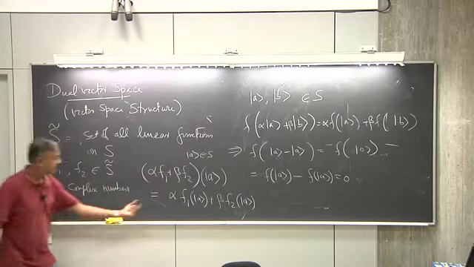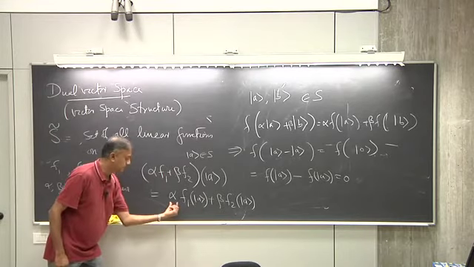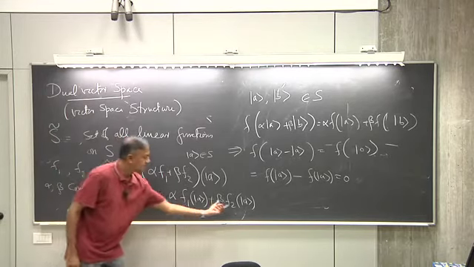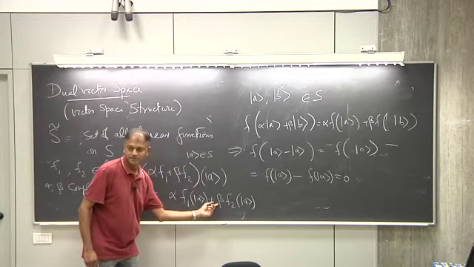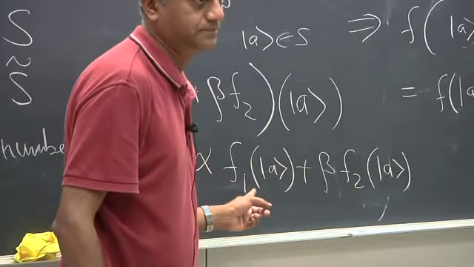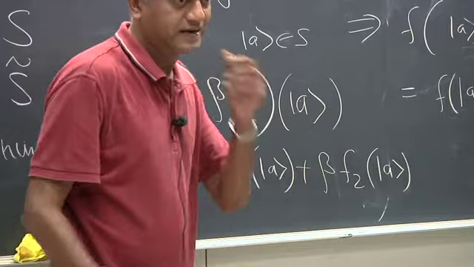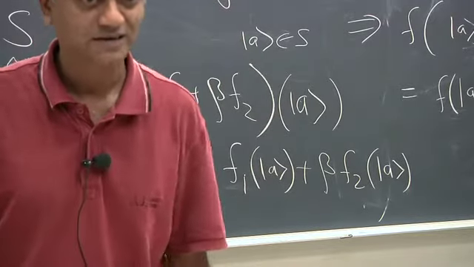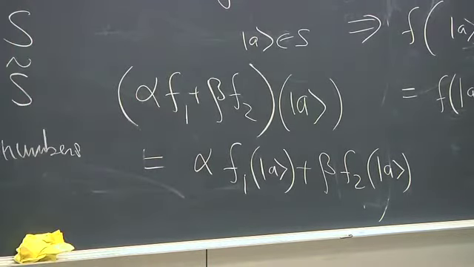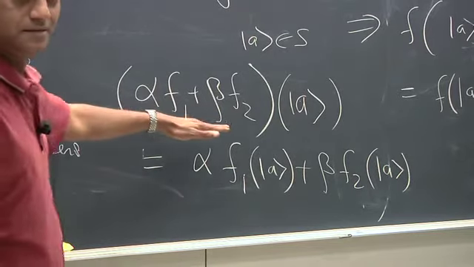Right? So f1 acting on A is a complex number. You multiply that by alpha, plus this is again another complex number times beta. This whole thing is a complex number. A very natural definition. You cannot think of anything else. This is the natural definition. Now you can prove immediately that this is a linear function, right?